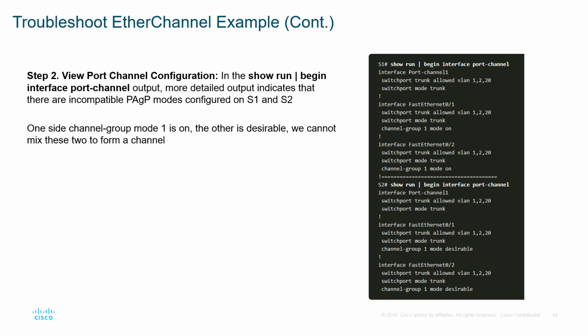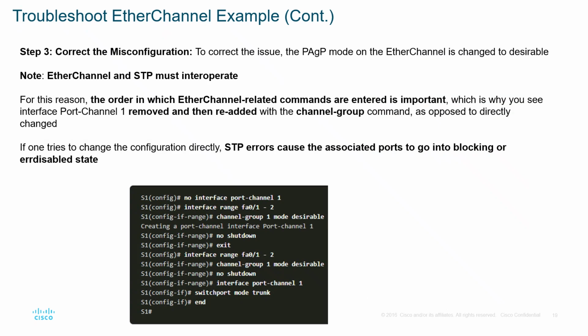We cannot mix these two to form a channel. So I cannot have on on one end of the connection and desirable on the other. So you have to go in there and correct your misconfiguration.